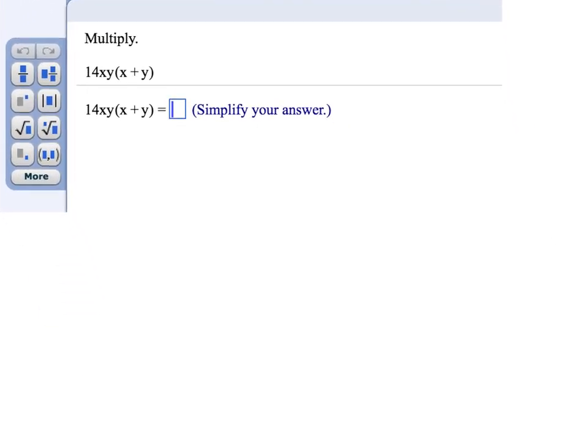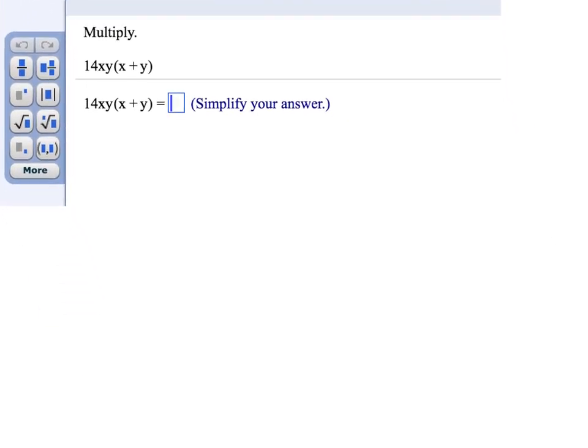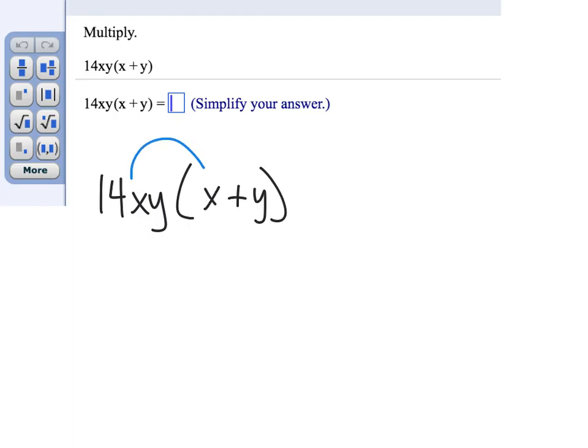And the last one, multiplied. So you've got 14xy times the quantity x plus y. So each of the terms inside the parentheses is being multiplied by 14xy. And it might help you to think of this as a 1 and this as a 1. So 14 times 1 is 14.